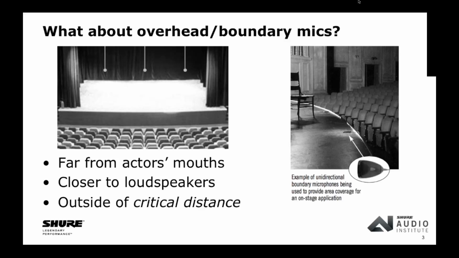Because not only are the microphones far from the actor's mouth, they tend to then be closer to the loudspeakers, which, if you attended our webinar on gain before feedback, which Michael helped us with, you learned all about that. That webinar is archived, and you can go watch it if you want to learn more about why that happens. And also, microphones, when they're further away, tend to be outside of what we call the critical distance, which is the point of the room where background noise and reverberation is equal to, or beyond that, greater than the direct sound.